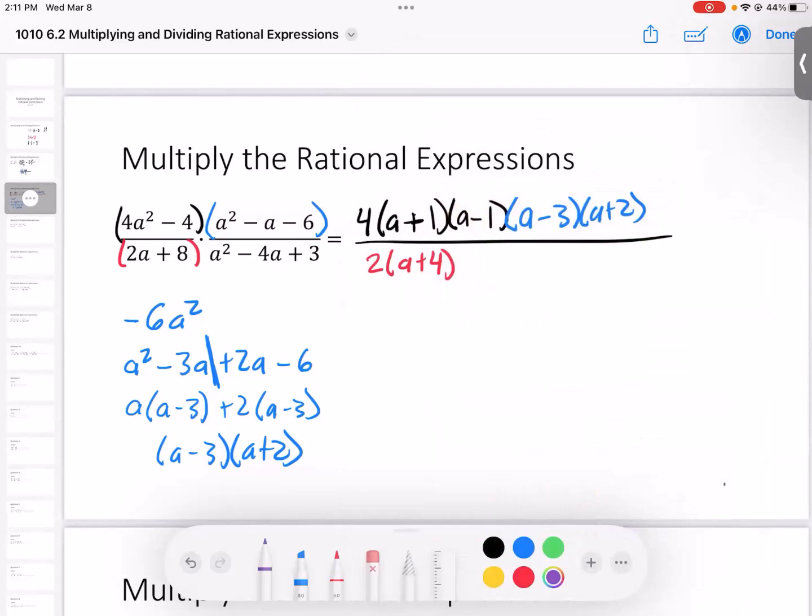Let's do purple. For this last polynomial, we have a squared minus 4a plus 3. That's a trinomial. So I'll multiply 3 times a squared. What are 2 things that multiply to this and add to this? Perfect. -3. And did you say -1? Okay, perfect. Yep, because the 2 negatives will make a positive when you multiply.